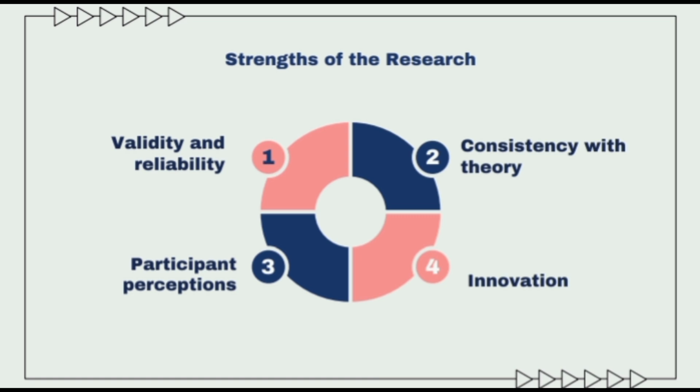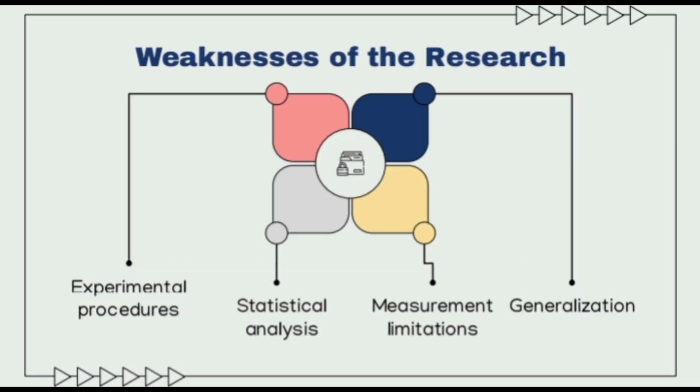Participant perception. Positive perception of the teaching aids and laboratory tools suggests potential acceptance and effectiveness in learning use. Innovation. Development of cost-effective and user-friendly teaching aids enables the demonstration of modern physics concepts that were previously difficult to.